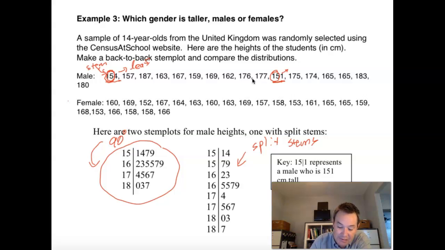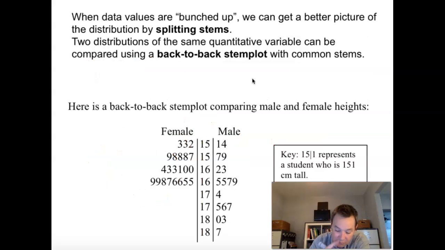A back-to-back stem plot is where we have 2 sets of data, and we put one set of leaves on one side, so I could put the men over here, and I put the other set of leaves on the other side, so I would put female on that side. And so if we use split stems, we can definitely see that even when we split stems, the female distribution has much less variability than the male distribution, right?